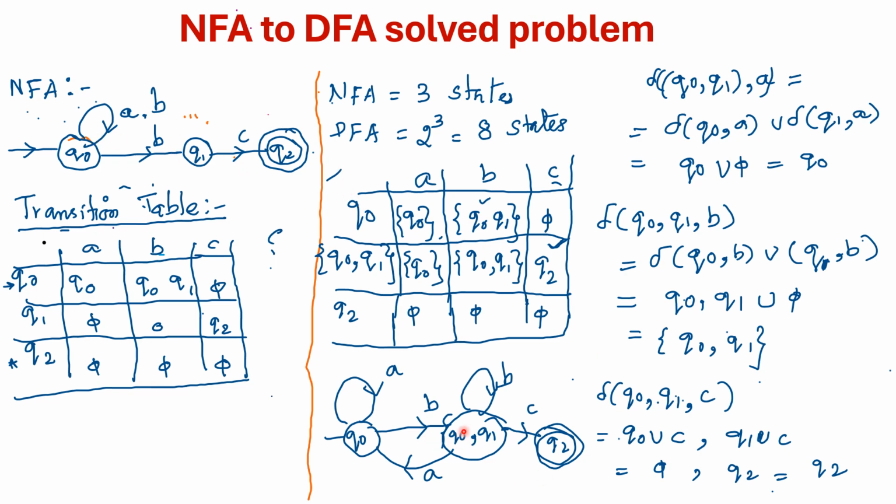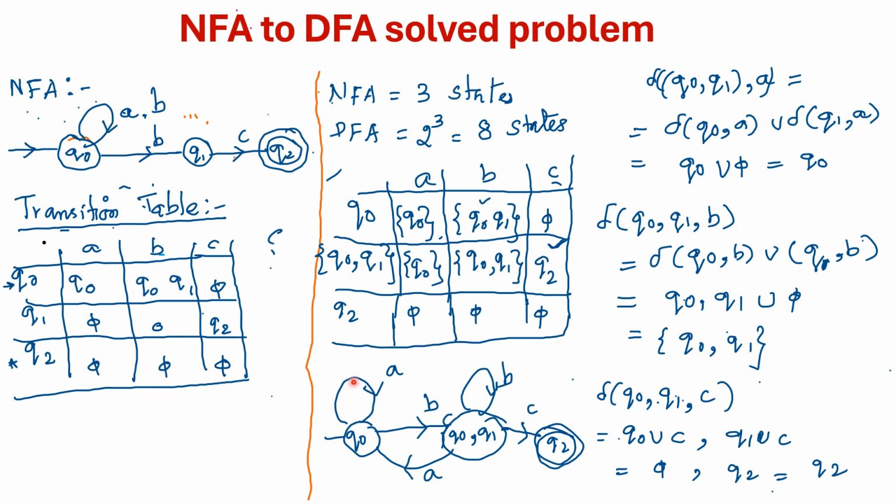Here also it is the same thing, we have to ensure any number of A's followed by any number of B's, but the string ends with only BC. Either this BC, otherwise this path also. Check this: any number of A's and any number of B's it will definitely generate.